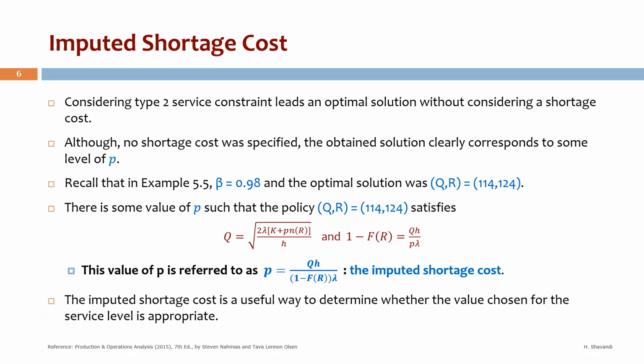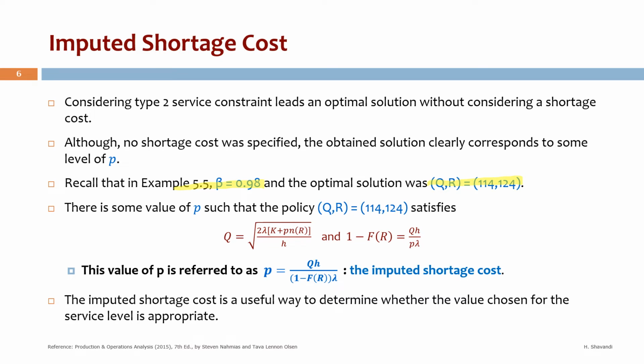For example, in our example, with 98% for type 2 service level, let's say we obtain these numbers, 114 for Q and 124 for R. This is our optimal solution, right?